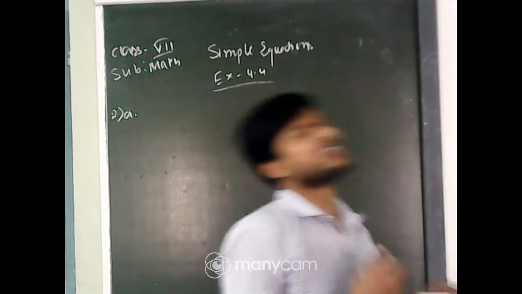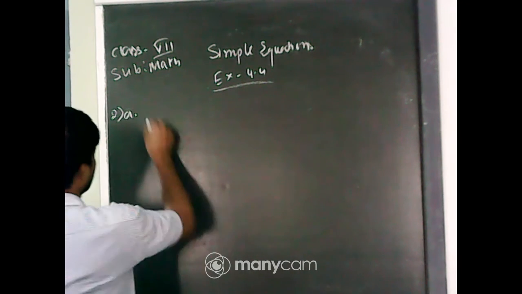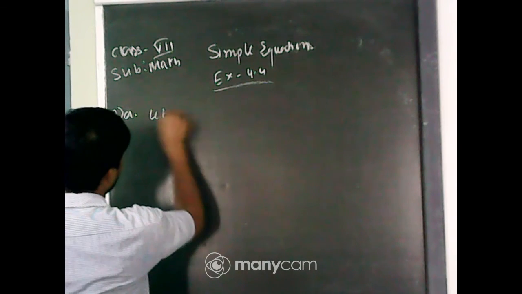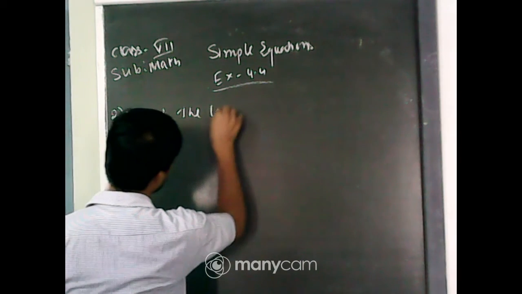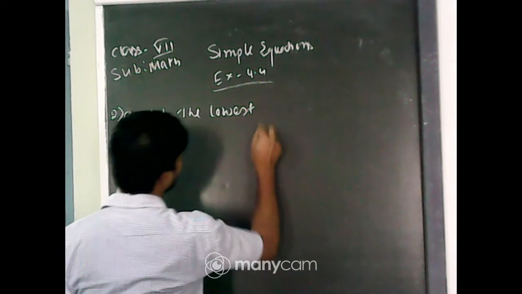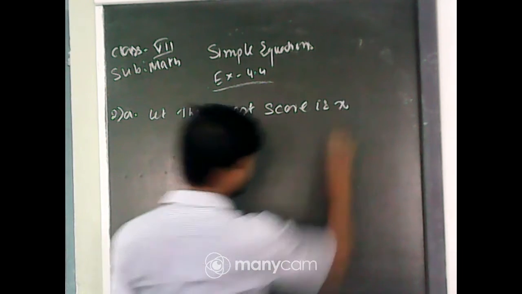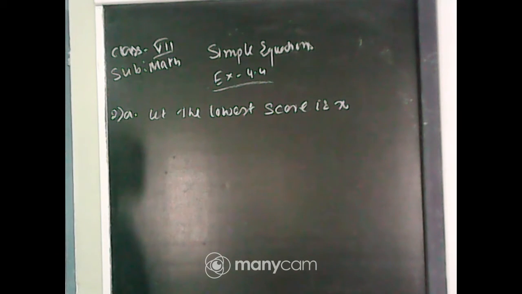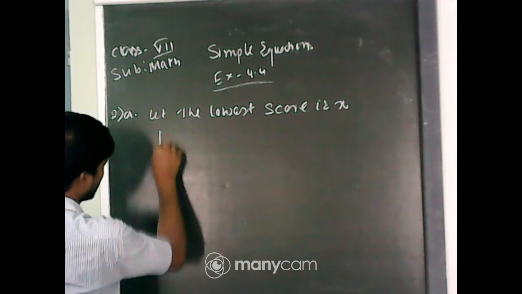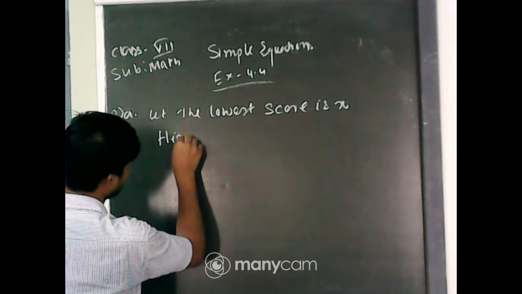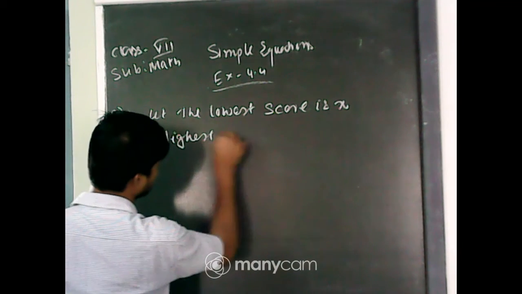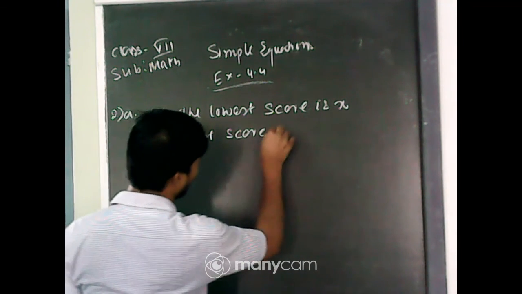Okay, so let us consider the lowest score is x. So what will be the highest score?